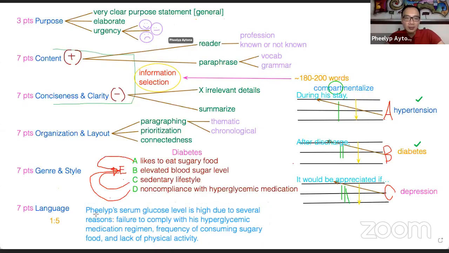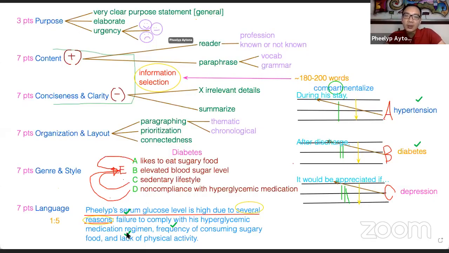This first thing, but as his serum glucose level is high, and I promised several reasons why that is the case. What's my first reason? Failure to comply, frequency, and then lack of physical activity. One way for you to arrange things so that their relationship to each other is clear.